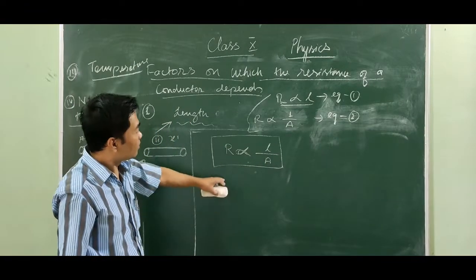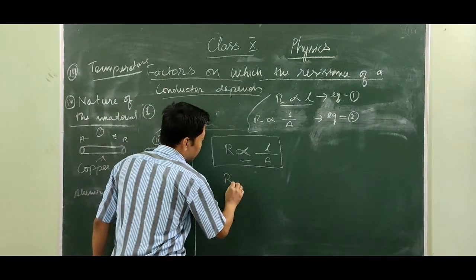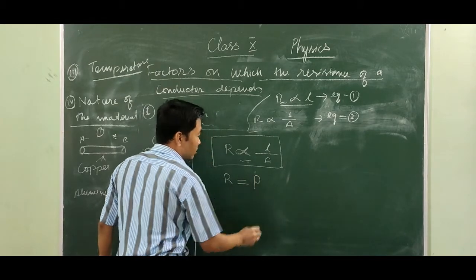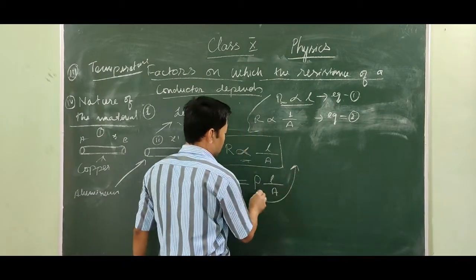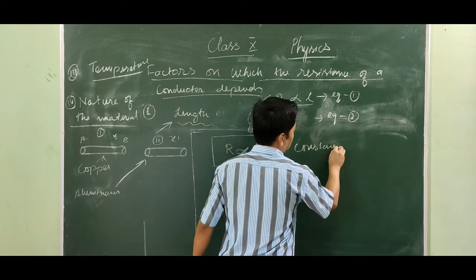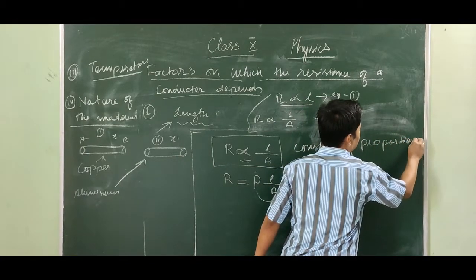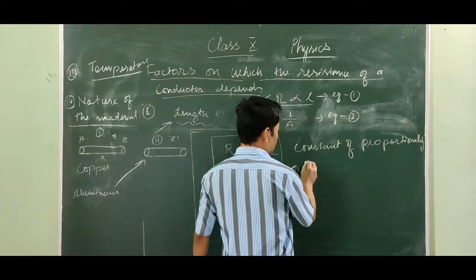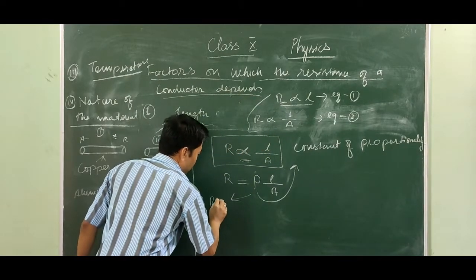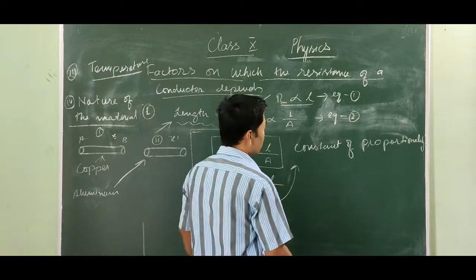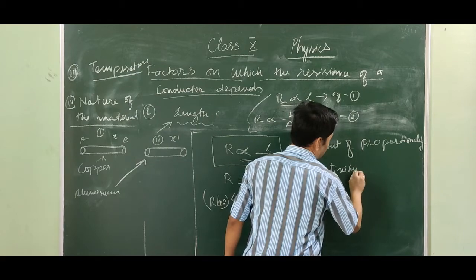When there is a proportionality, we can replace this proportionality by an equal sign with a constant, and this is the constant of proportionality. We call it rho.